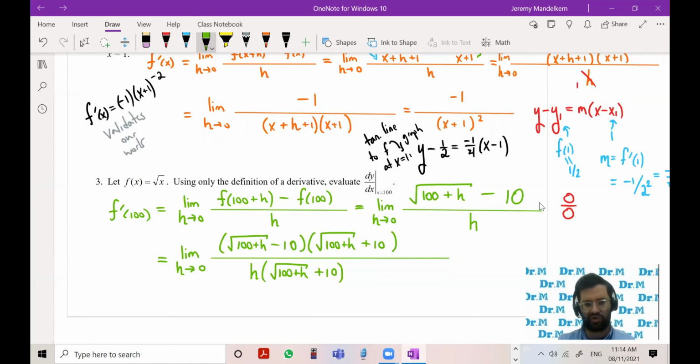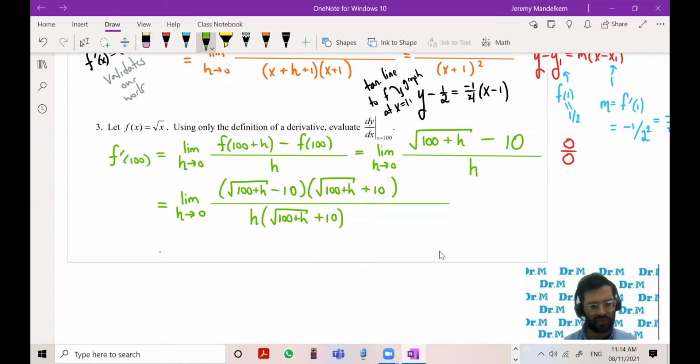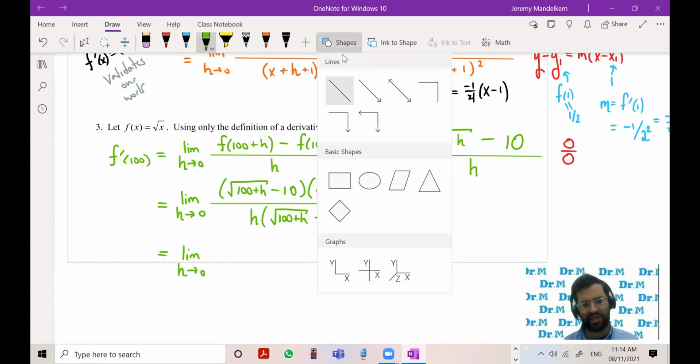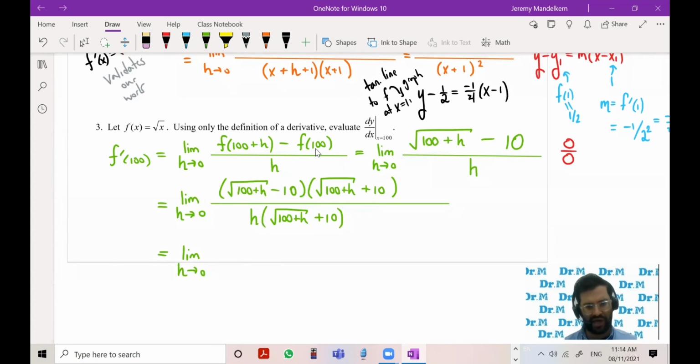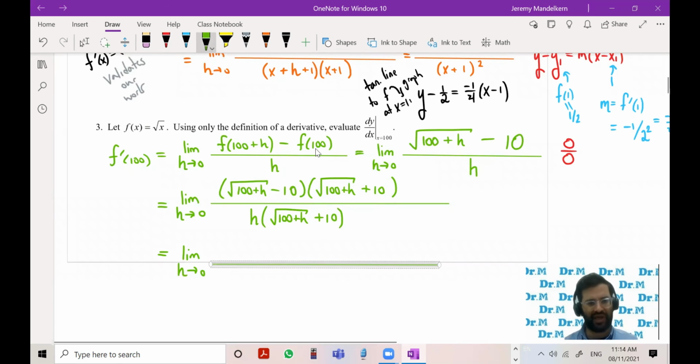So we'll make a little more space to work. We have the limit as h goes to 0. Notice in the numerator, when you multiply that two-term root expression by its conjugate, there is some simplification. The outside product and the inside product are going to be opposites. The product of the first terms is just the quantity inside the root.